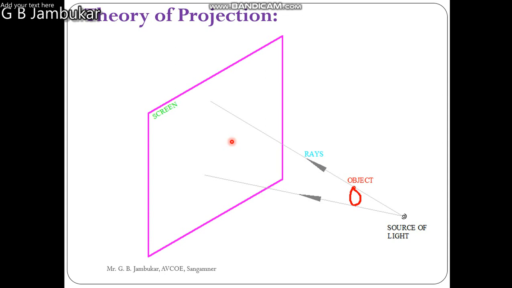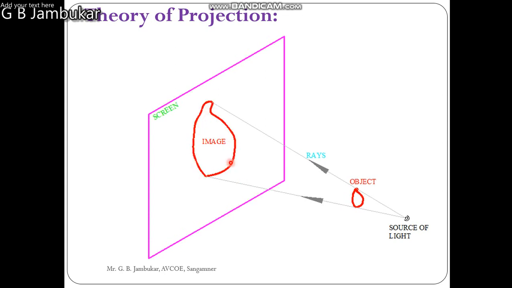Whatever image is obtained will conform to the shape of the object, and according to the distance between the source of light and the object, the image dimension may vary. So on the screen we get images. This is a simple technique to understand the theory of projection.